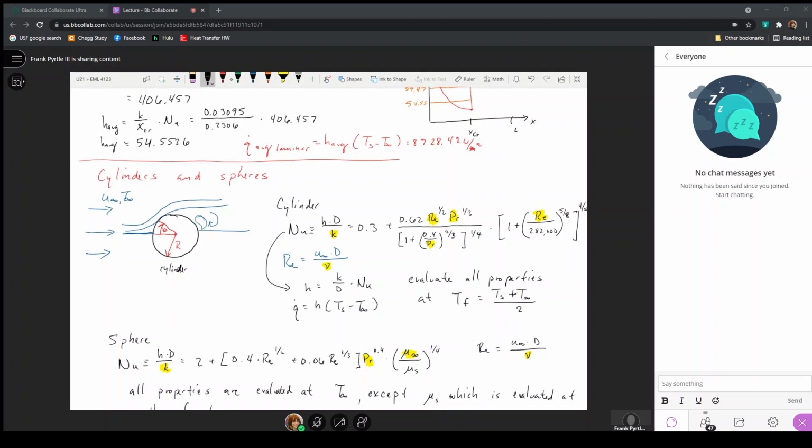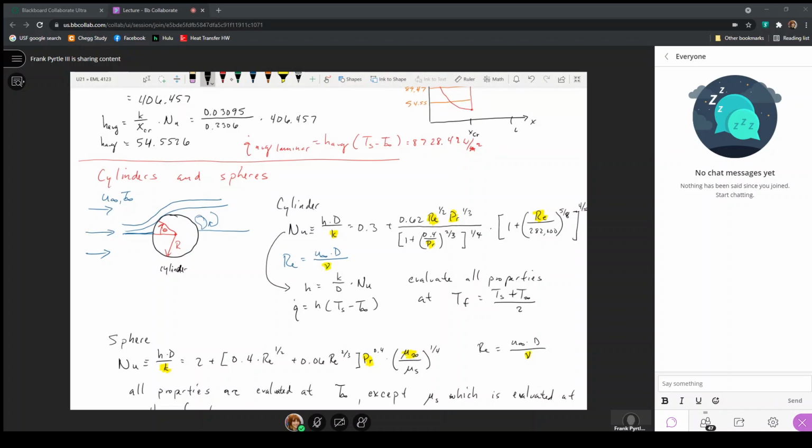It's just the construction of the correlation based on empirical investigations that gives us a final form of that expression for the Nusselt number, still in terms of the Reynolds number and Prandtl number, but it just has different coefficients and powers associated with the quantities on the Reynolds and the Prandtl numbers to represent what's actually happening over these surfaces here for a cylinder.